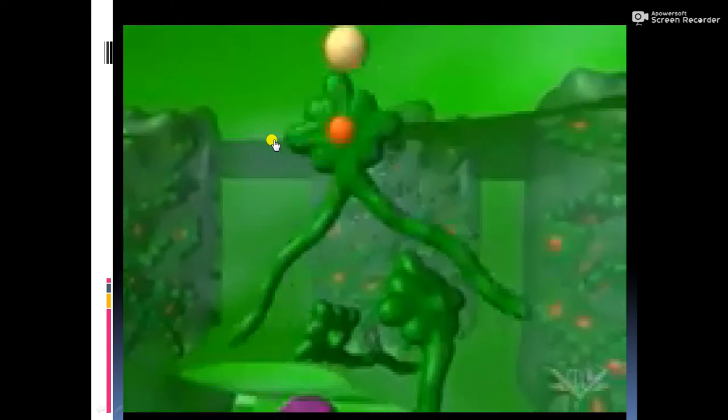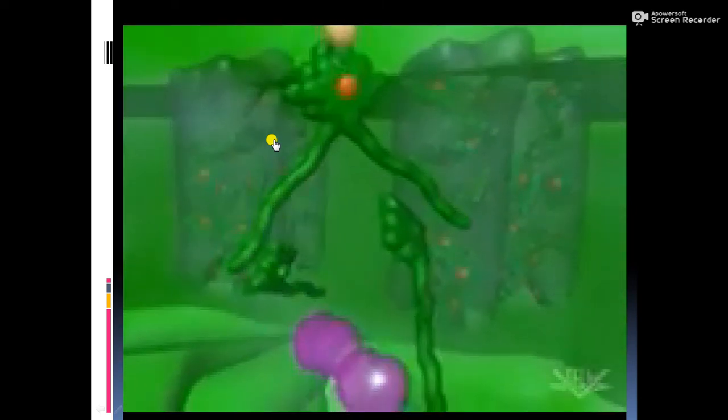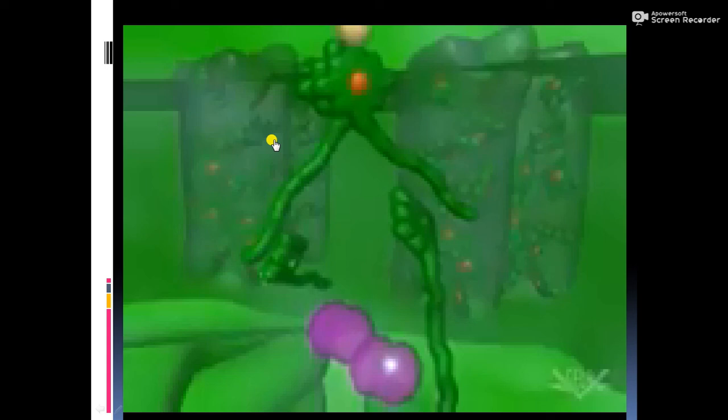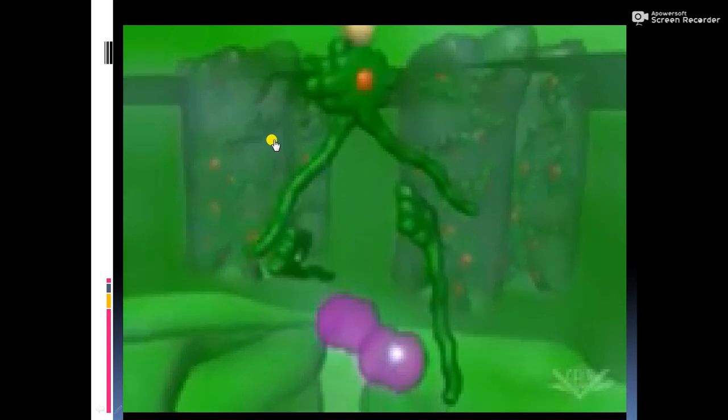This creates resonance energy that is transferred through neighboring chlorophyll molecules. When this energy reaches the reaction center embedded in photosystem 2, an electron is released. The reaction center chlorophyll contains electrons that can be transferred when excited. 1 photon is needed to excite each of the electrons in this chlorophyll.